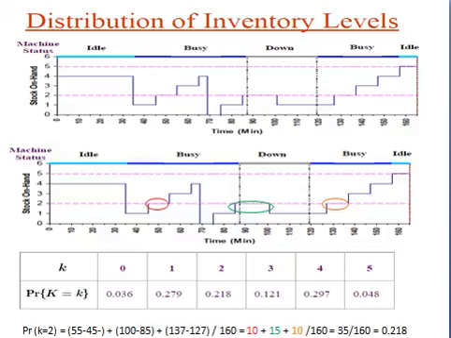Just for the sake of understanding, I'm taking k equal to 2. What is the probability that we had k units in stock? That would be total time spent with 2 units in stock divided by total time. So here this small k is 2.